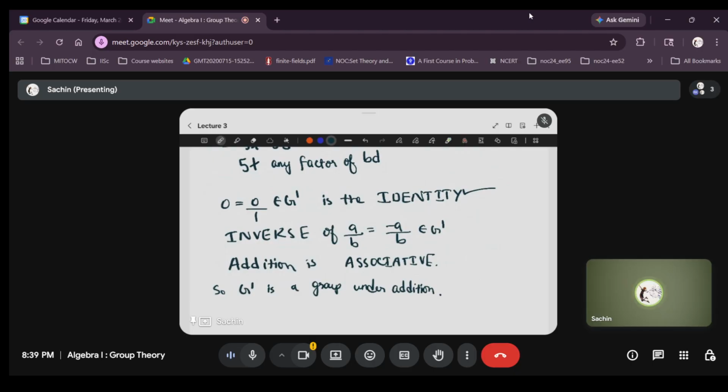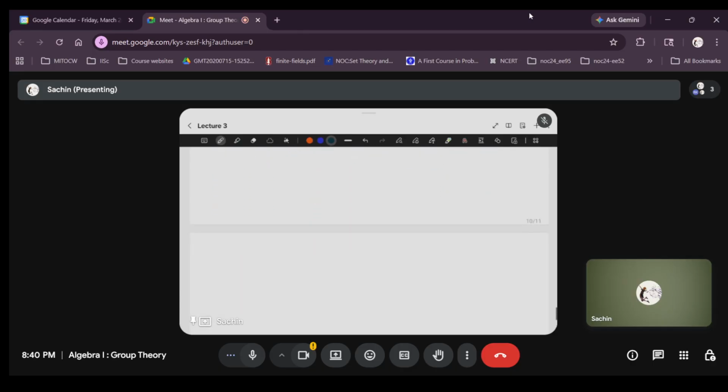For the next two problems, we'll need some notation. I'll write down some notation.